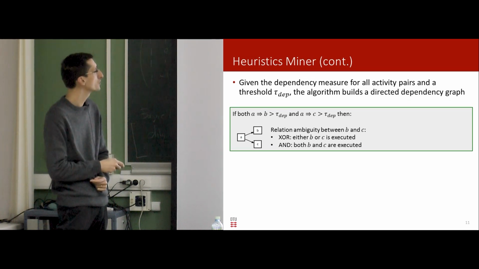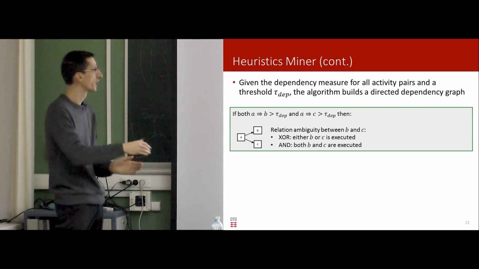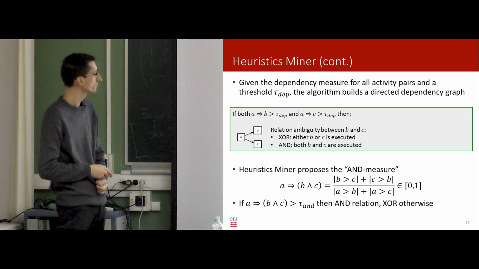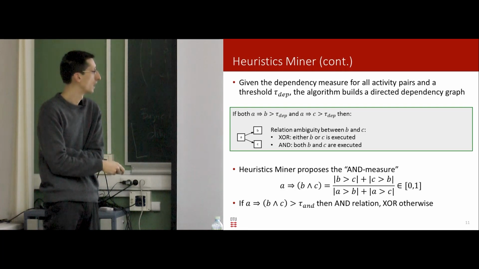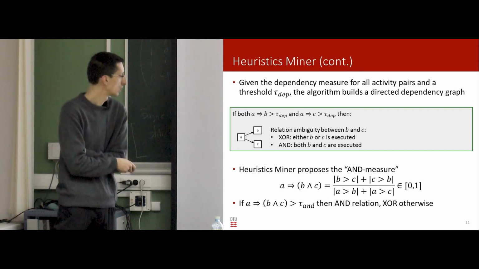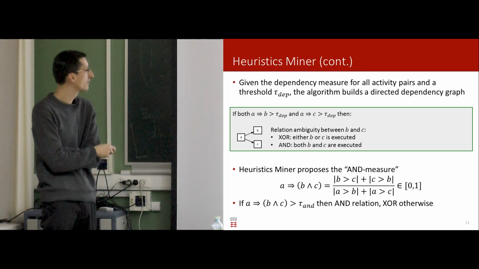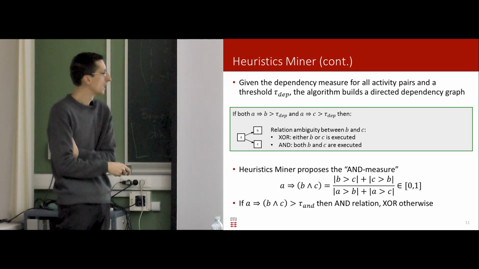Is the relationship between B and C a XOR relationship, which means that after A, only B or C can occur, or is it parallel, so an AND relationship? To do that, heuristics miner has this AND measure, which basically computes if B and C are observed together.